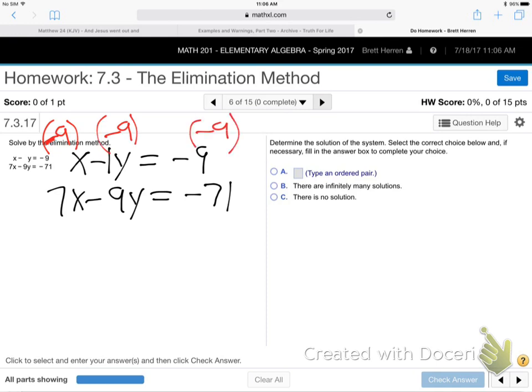Everybody tracking with me on that? That'll make positive 9y in the top middle, won't it? So that's the opposite, and the y's will eliminate when you add.